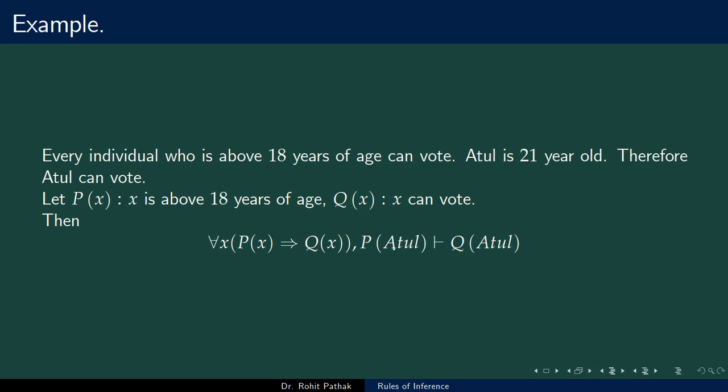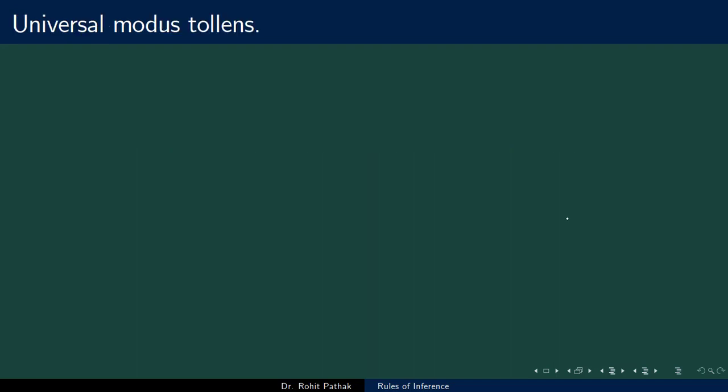P(Atul) means Atul is above 18 years of age, that means 21 years old, then Q(Atul), that means Atul can vote. So Atul is 21 years old, therefore he can vote. This is called universal modus ponens.